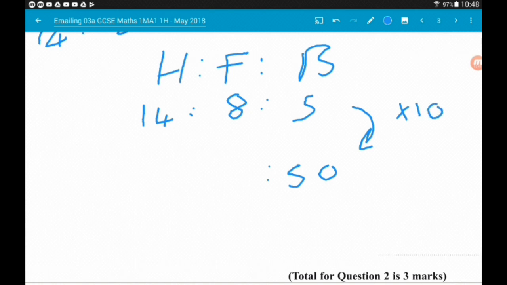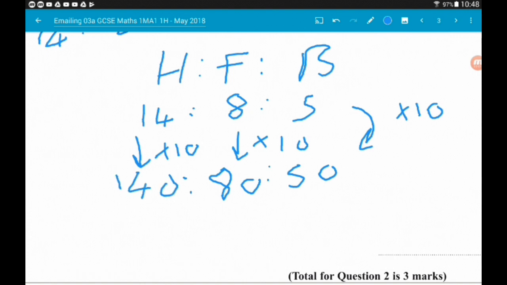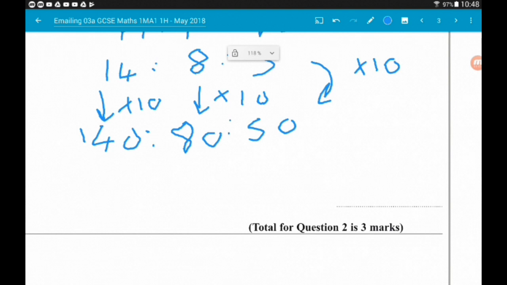We're going to do that to the other parts of the ratio. We don't need to do it with flats, I'm just kidding. 8 times 10 tells us there are 80 flats. 14 times 10 tells us there are 140 houses. So our answer is 140.